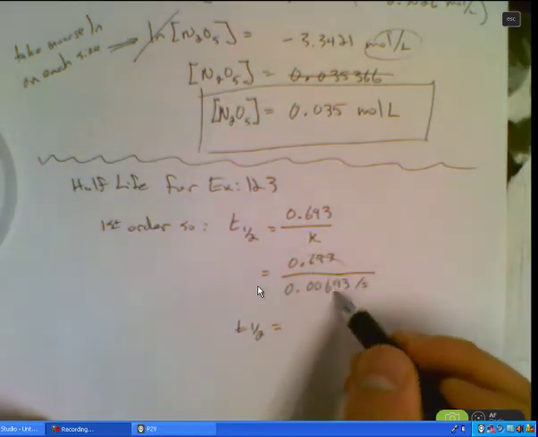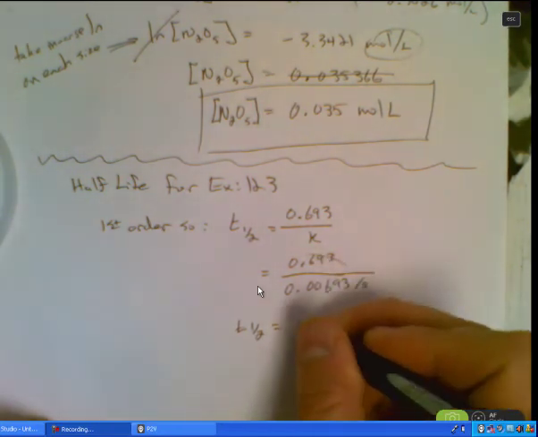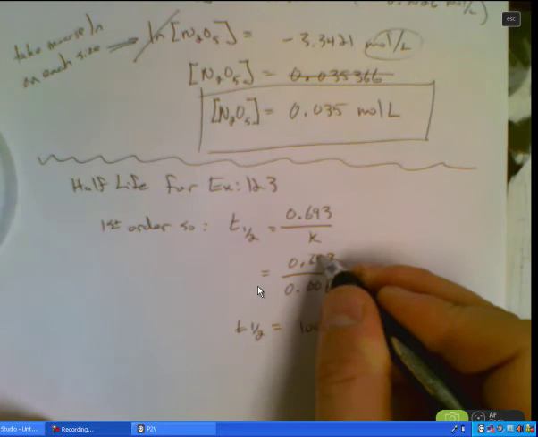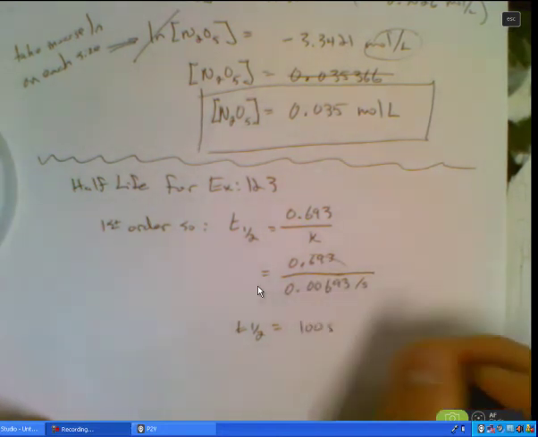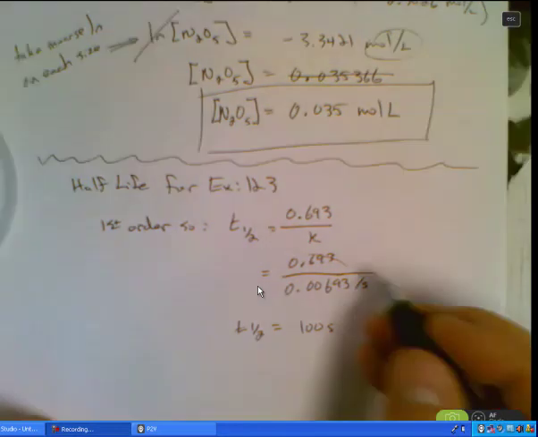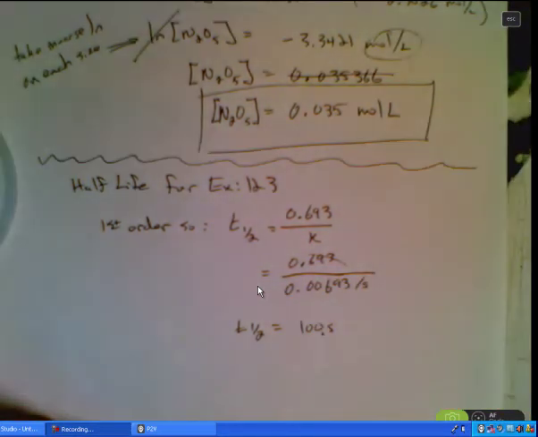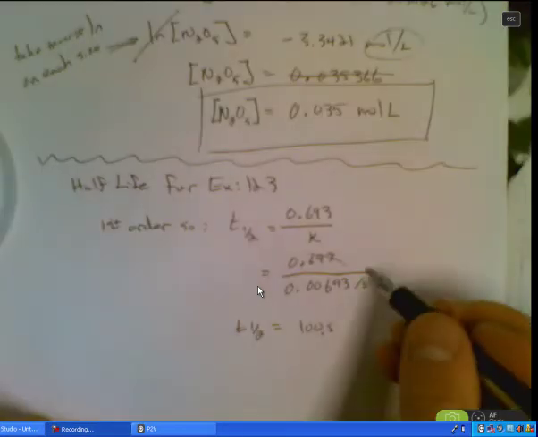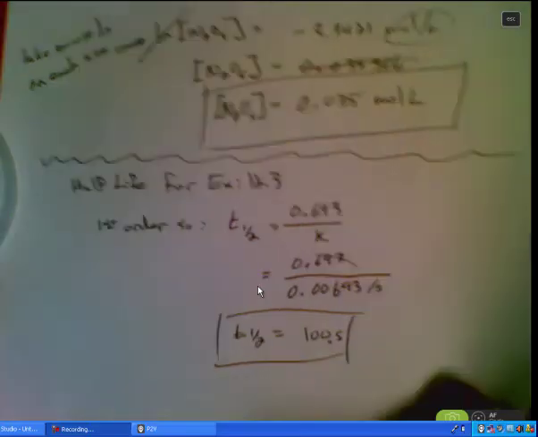This doesn't cancel out, but it is 100. This goes into 0.693 100 times. So it's 100 seconds. Sig fig wise, you should have 3 sig figs, so you can put a decimal after that. Per second is second. So there it is.